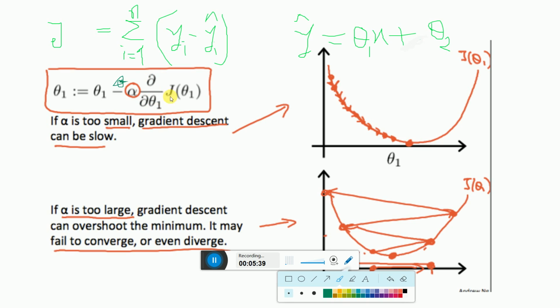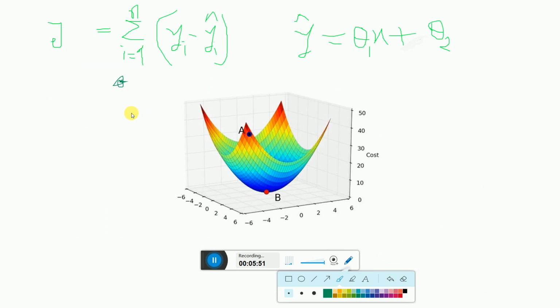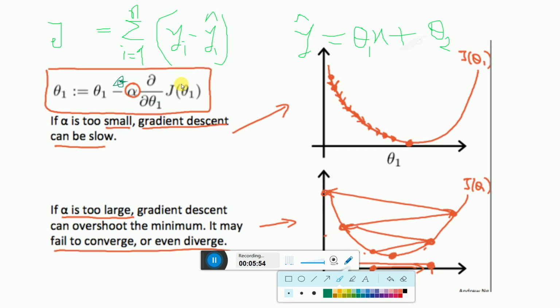If we differentiate this J with respect to theta, at this point we will have a negative slope. So I will have a negative value out there, and alpha is positive, so ultimately I will have a negative, and there is another negative. Negative will produce a positive number, and that is added with theta 1.